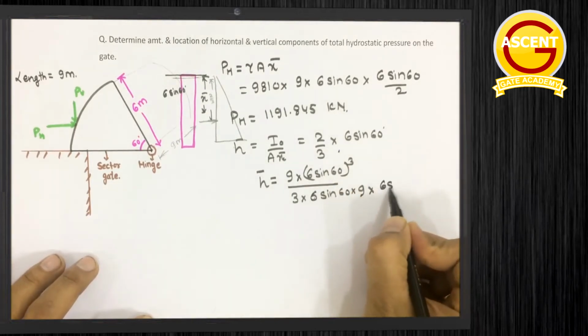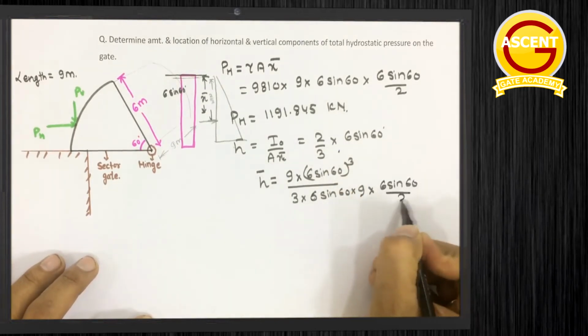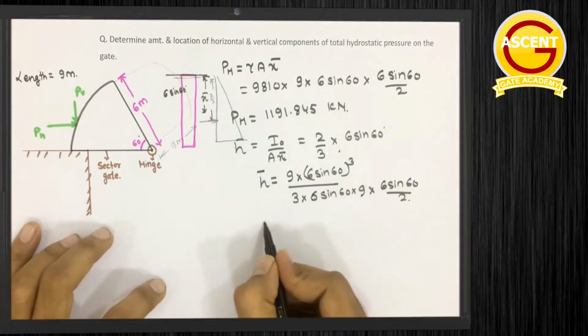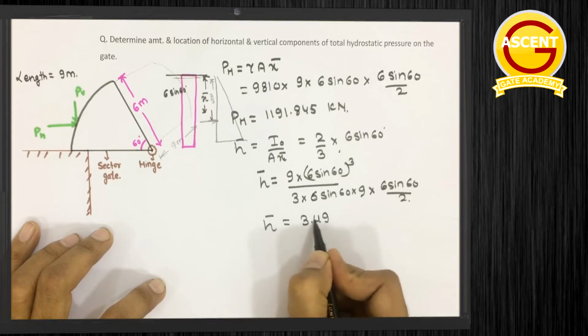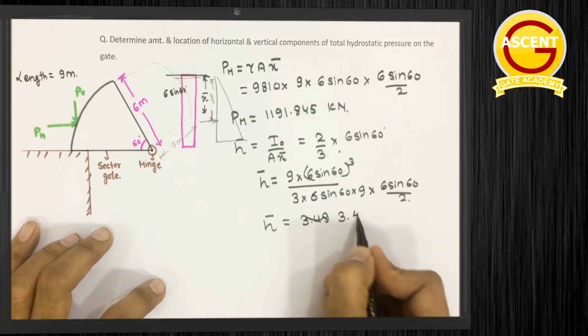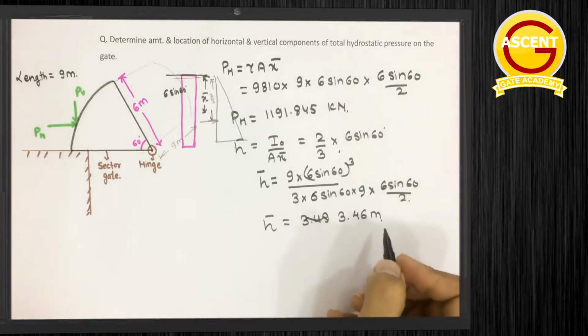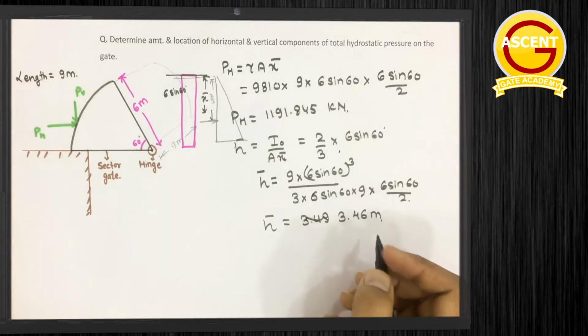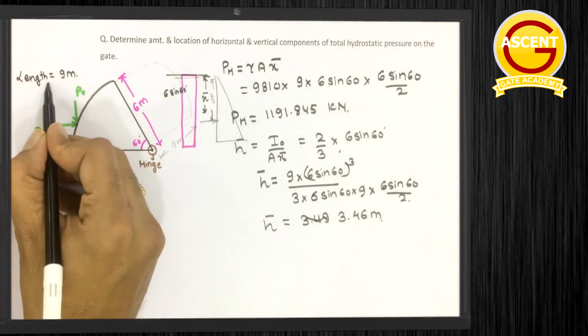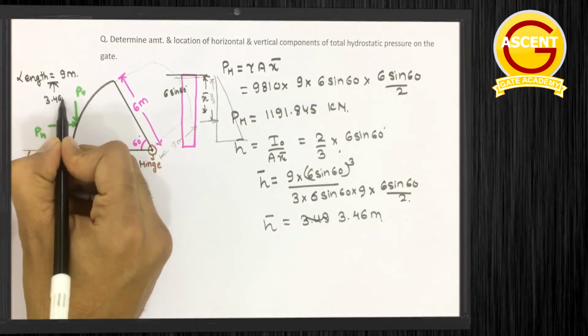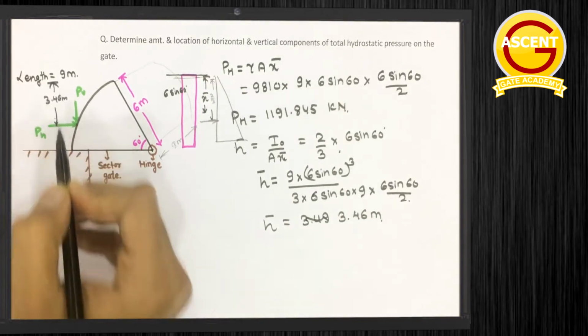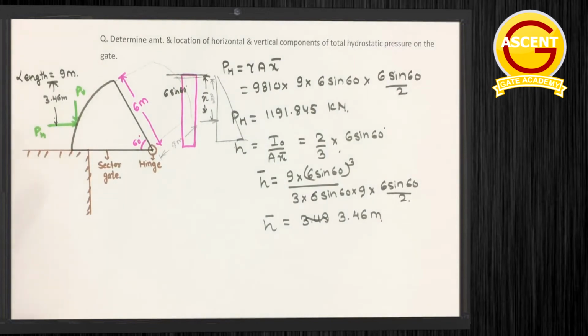And x bar, as we have already discussed, is 6 sine 60 by 2. From here we get the value of H bar, which is 3.46 meter. That means at a distance of 3.46 meter from top, this PH will be acting. First thing.